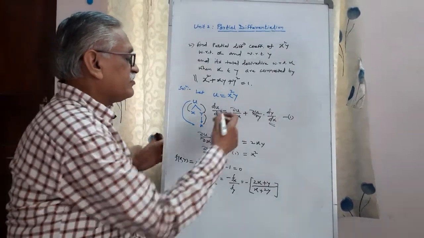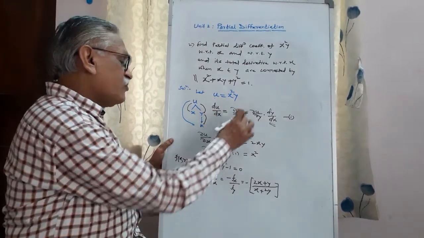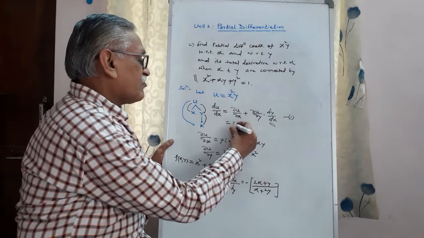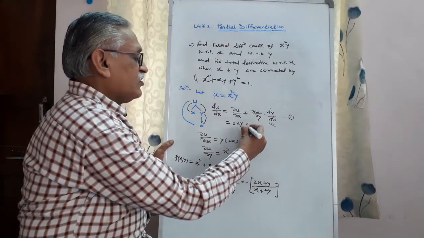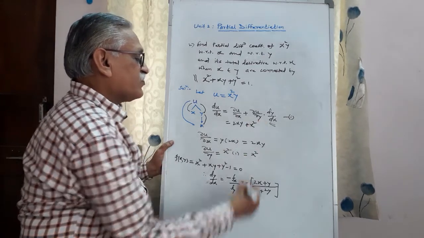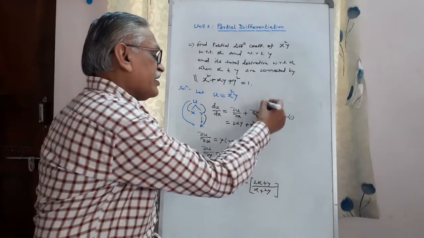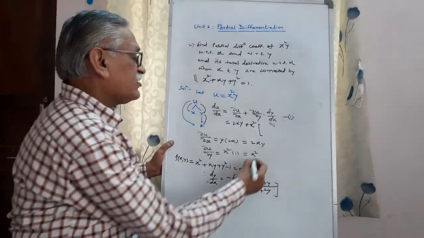Okay. Therefore, what we have, du by dx is equals to dou u by dou x. What is that value? 2xy plus dou u by dou y. What is the value? x square. And dy by dx. What is the value of dy by dx?